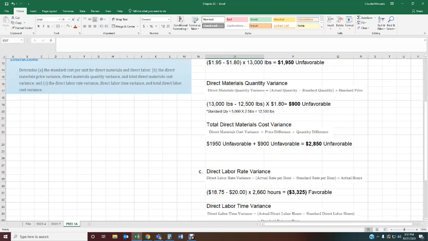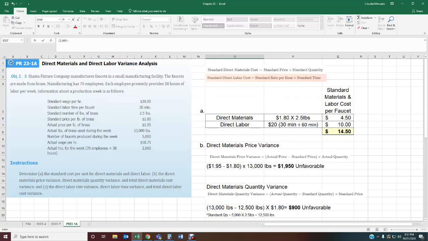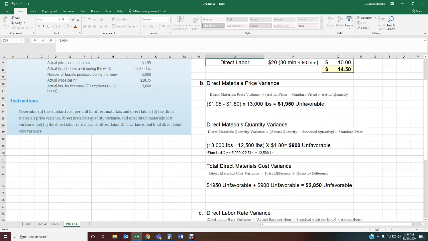That's the number of hours that you actually used up. So I've got 2,660. I'm going to subtract my standard direct labor hours. Now we don't have our standard direct labor hours, we have to calculate that.